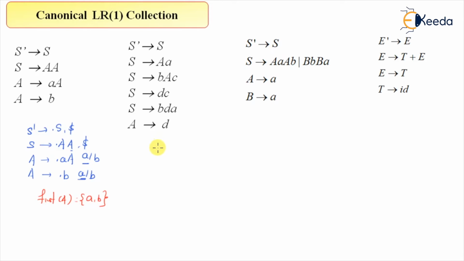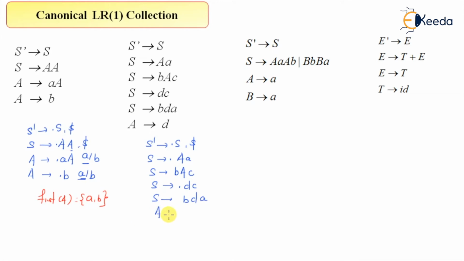Let's see the second example, a different situation. S' derives dot S, followed by dollar, the trivial rule, and then I'll add the S productions: S derives dot AA, S derives dot bAc, S derives dot dc, and S derives dot bda.